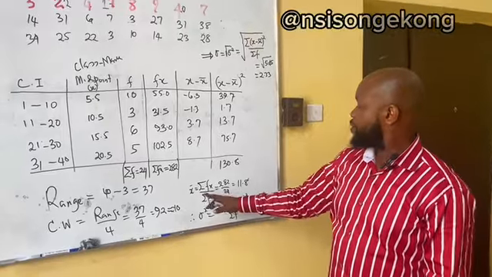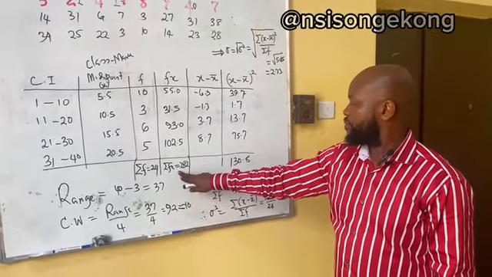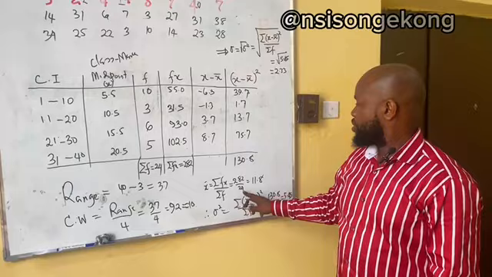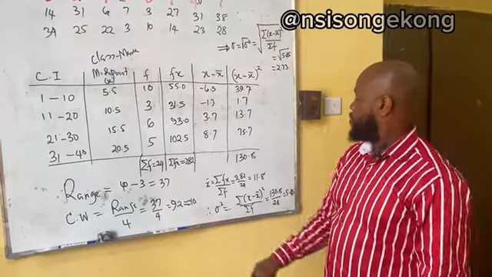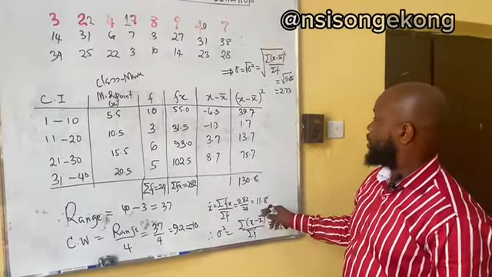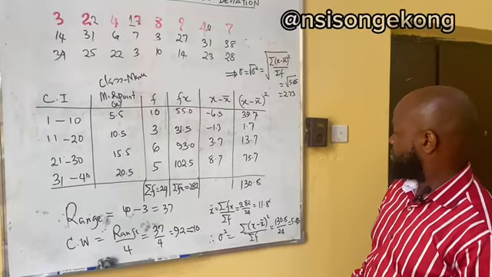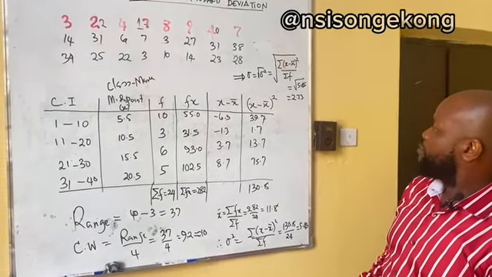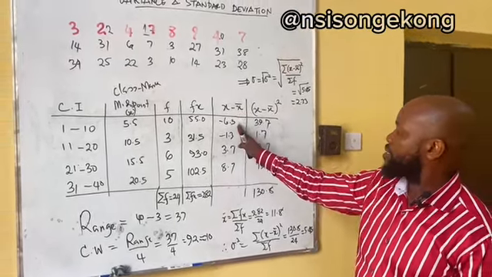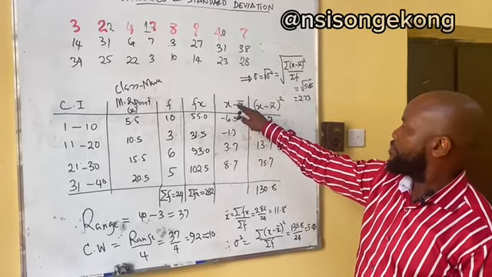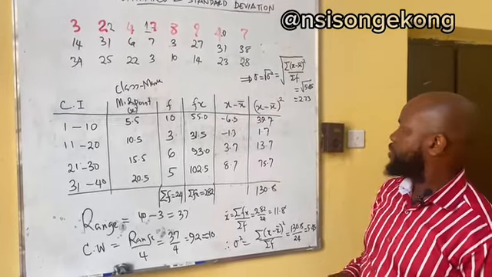So if we divide 282, which is the sum of fx, by 24, which is the sum of f, we have the mean, which is 11.8. The mean is 11.8.